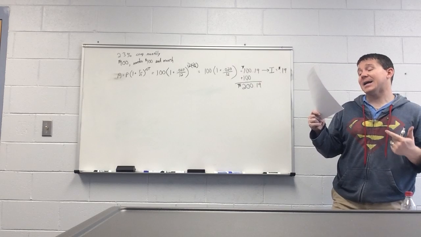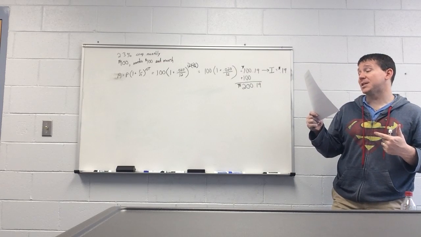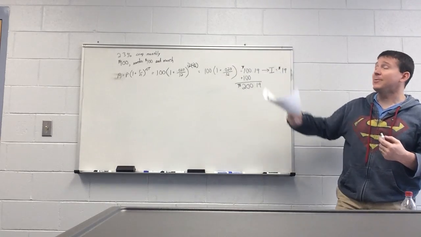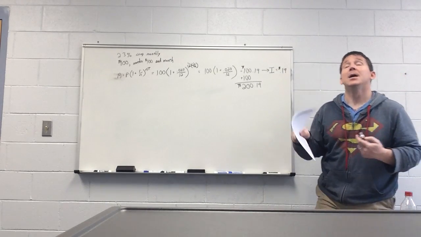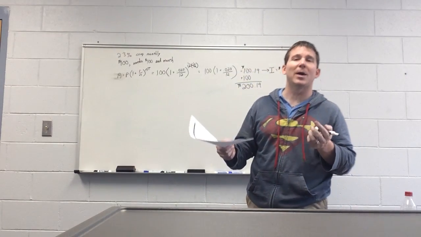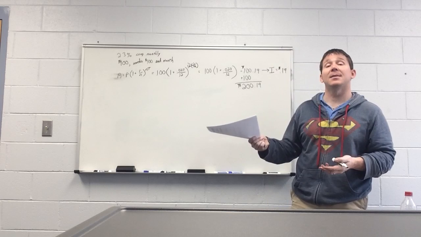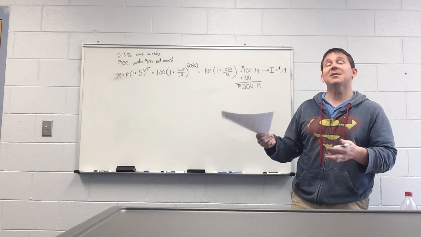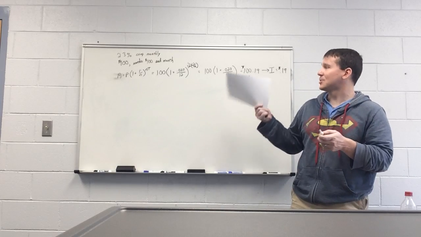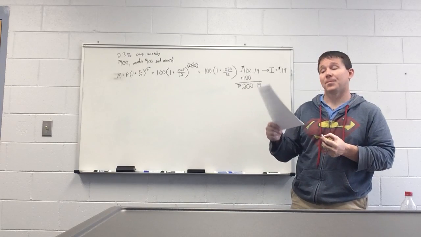Then it says, identify the values Joey would use to calculate the interest for the second month. That's my principal. My rate and time are the exact same. Do not think, oh, it's the second month, so I have to do 2 over 12. It's still the length of time for the interest that you're looking at. The second month is still 1 month, so time will still be 1/12.